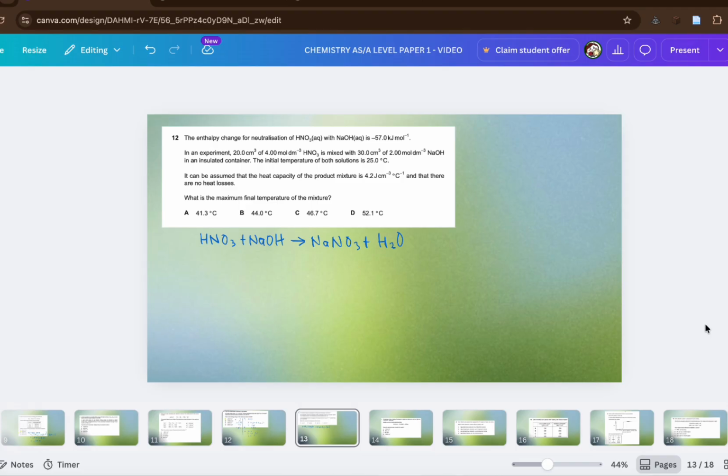Okay. We count the moles first by multiplying the concentration by the volume each. HNO3 has a concentration of 4 and a volume of 20 cubic centimeters, which we divide by 1,000, which results in 0.02, which is 0.08.